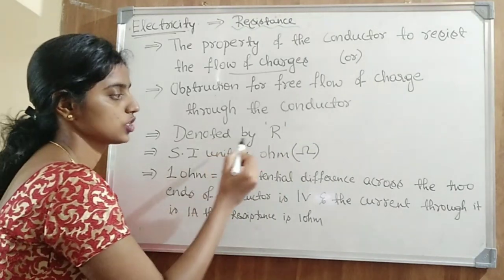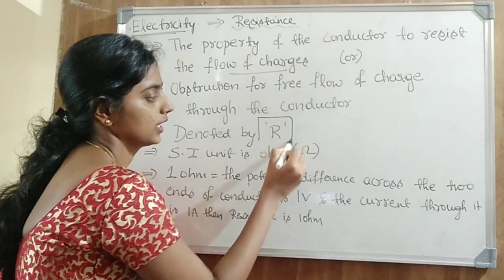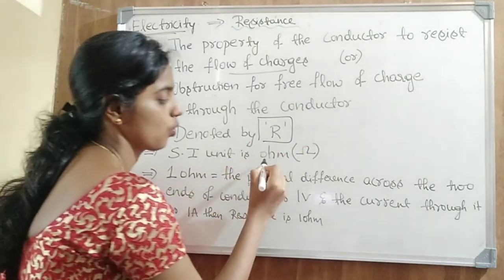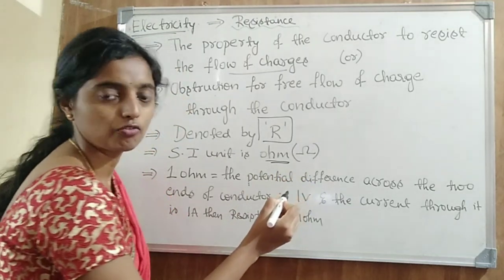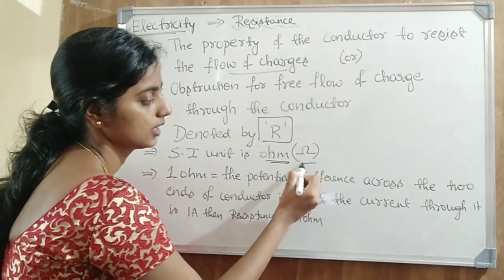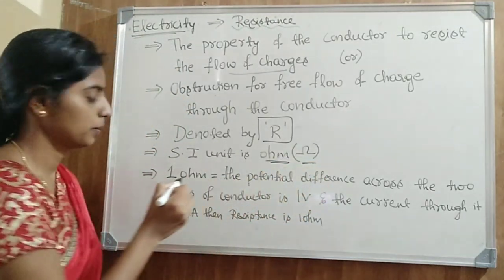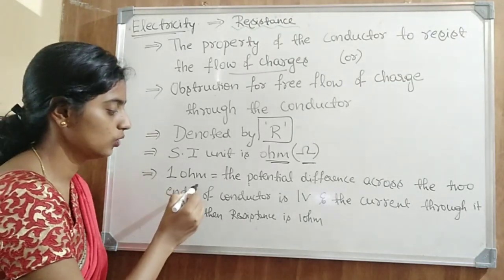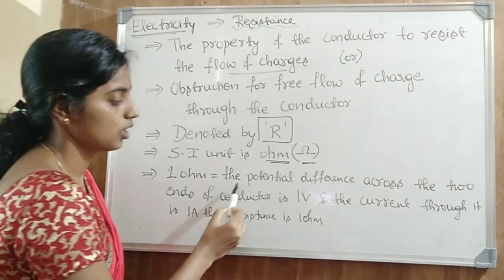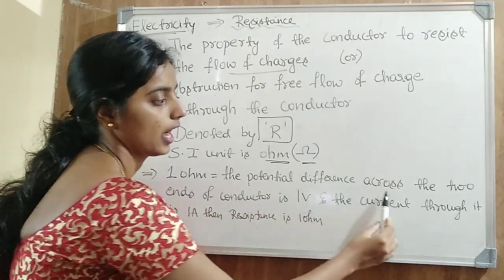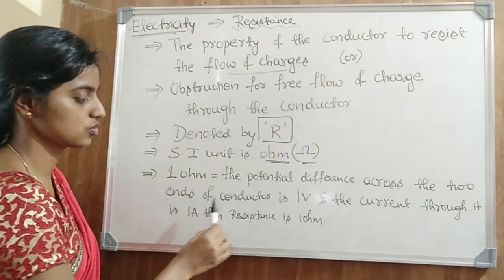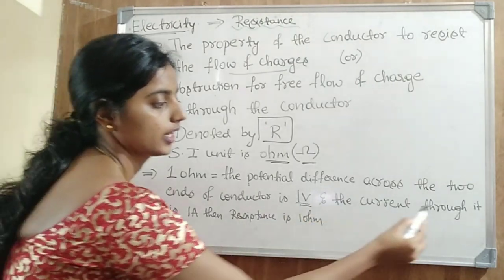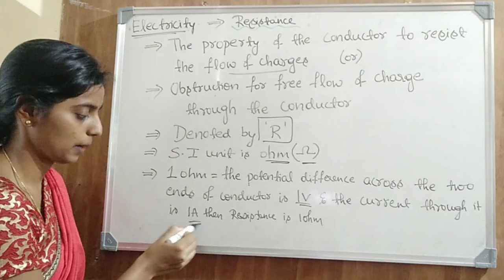And resistance is denoted by capital letter R and SI unit of resistance is ohm, and the symbol of ohm is written like this. And they may ask you a question, define 1 ohm. See, 1 ohm is when the potential difference across the two ends of a conductor is 1 volt and the current through it is 1 ampere.